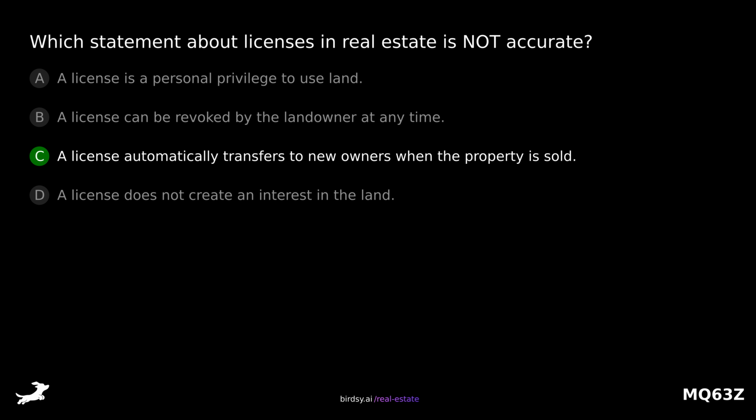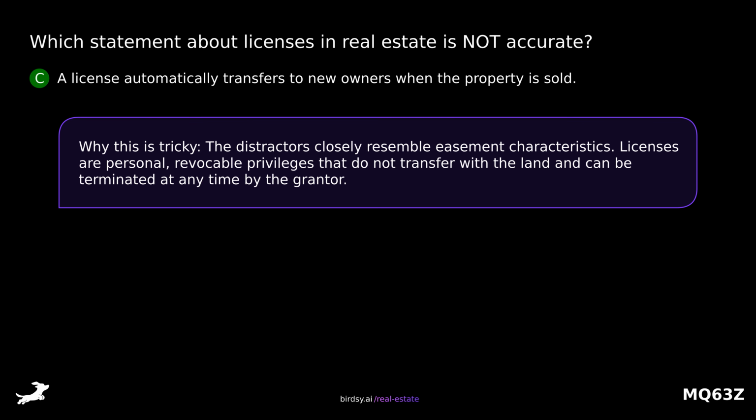The correct answer is C, a license automatically transfers to new owners when the property is sold. Why this is tricky. The distractors closely resemble easement characteristics. Licenses are personal, revocable privileges that do not transfer with the land and can be terminated at any time by the grantor.